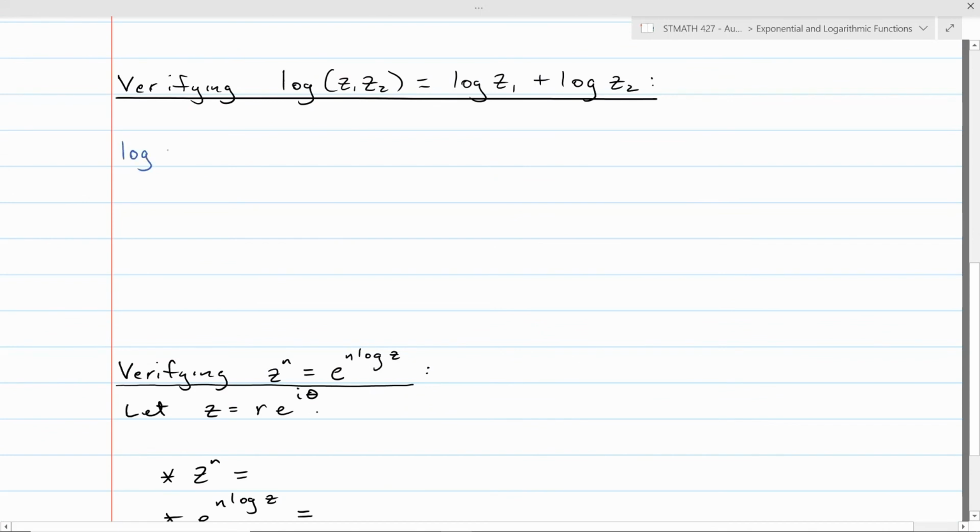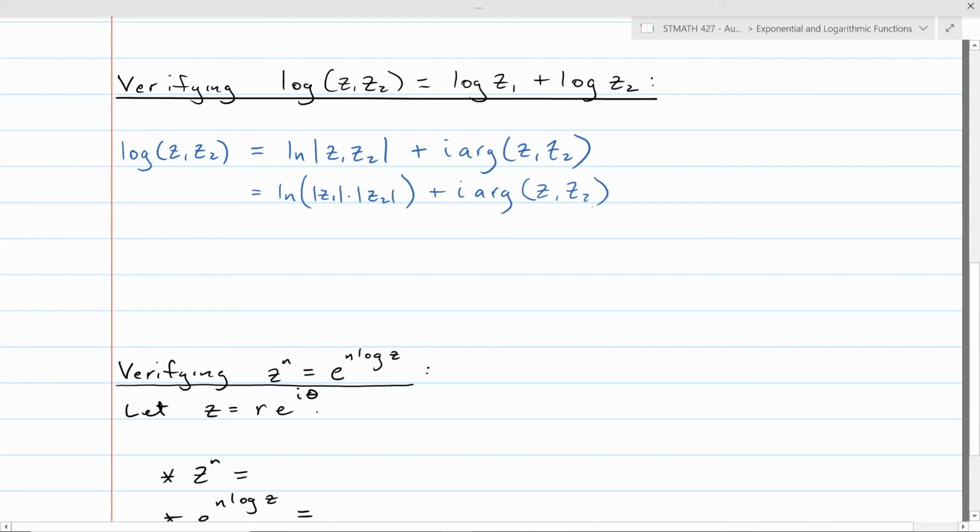So log of z1 z2, according to the definition, is natural log of the modulus of z1 z2 plus i times the argument of z1 z2. And then I know that modulus I can break up as a product. So this is natural log of the modulus of z1 times the modulus of z2.